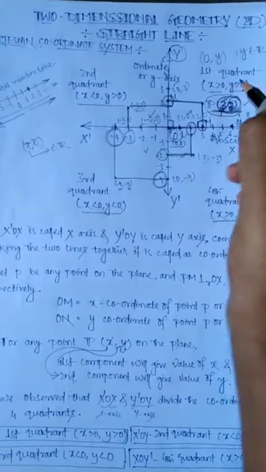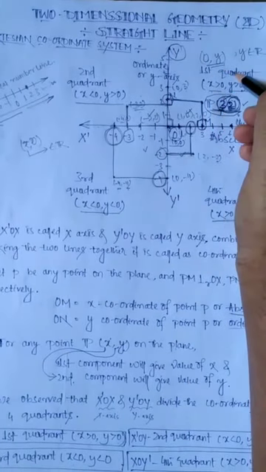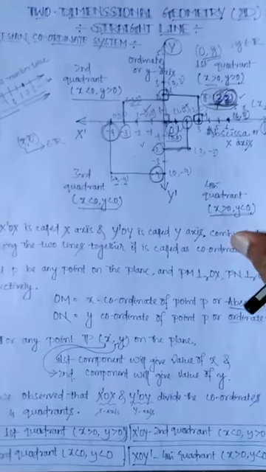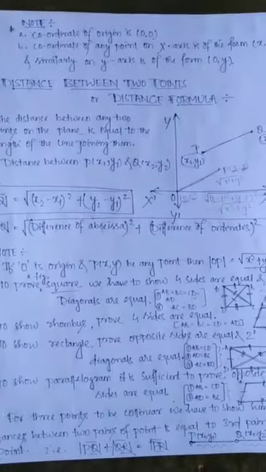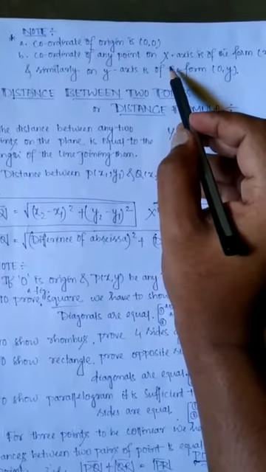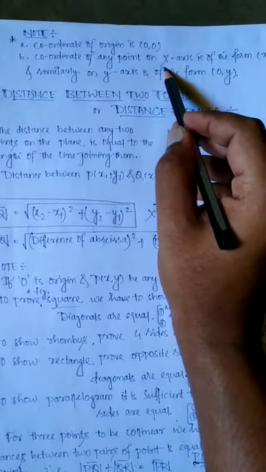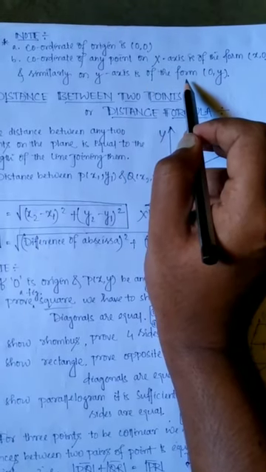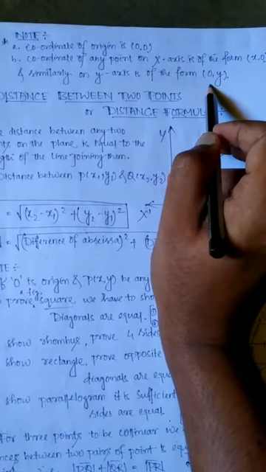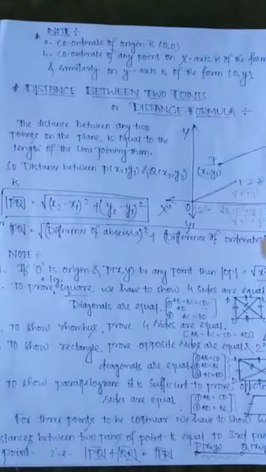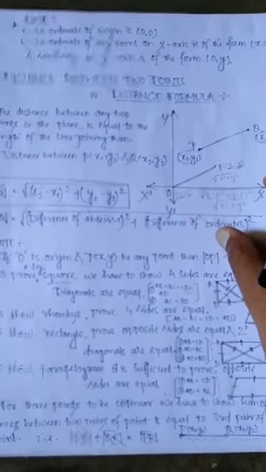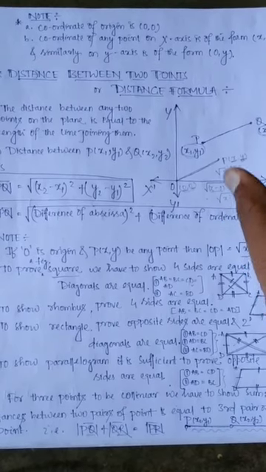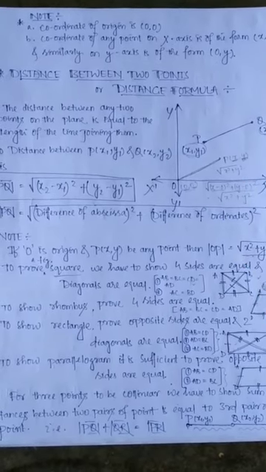So any point on the line is of the form 0, y. Next, I have written those two lines. Any point on the x-axis is of the form x, 0, and any point on the y-axis is of the form 0, y. Then why are we studying two-dimensional geometry, or what is the need of two-dimensional geometry?